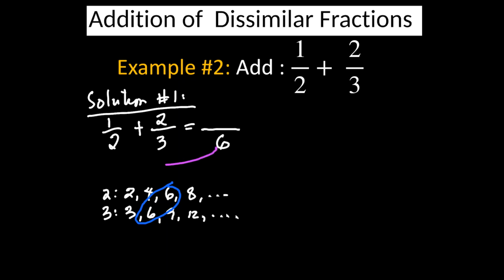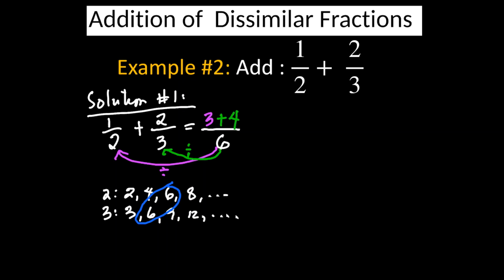So 6 divided by 2 will give you 3, times 1, that will still give you 3. We have 6 divided by 3, that will give you 2. 2 times 2 here in the numerator will give you 4.